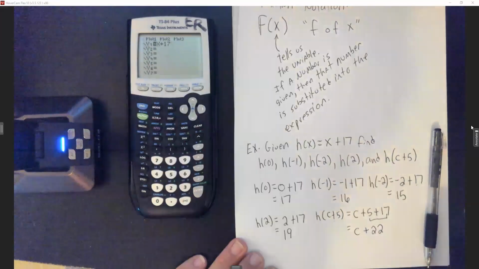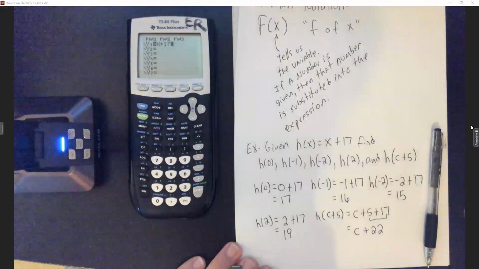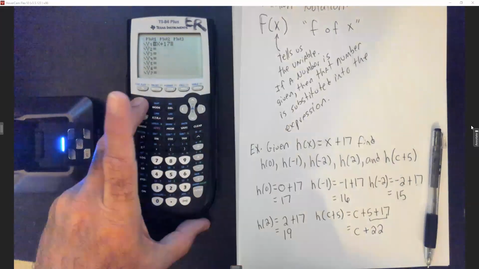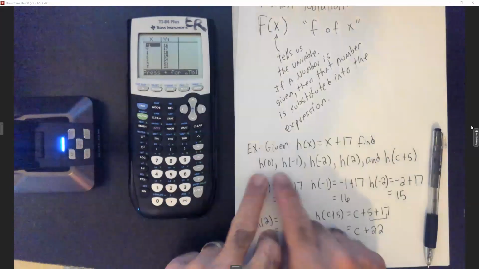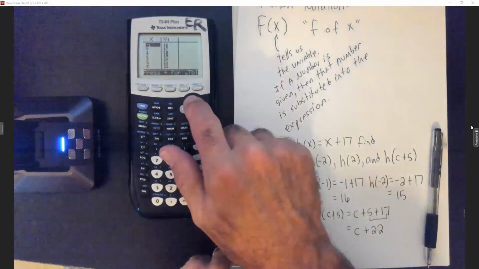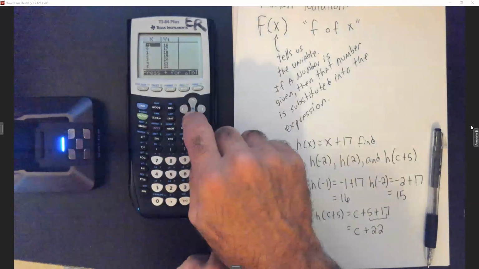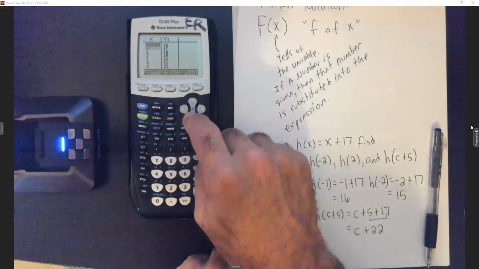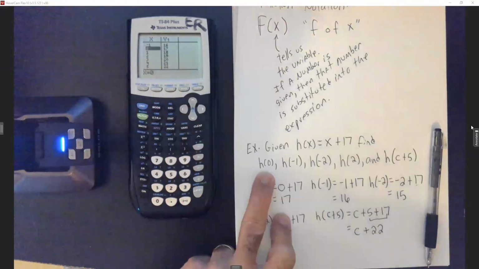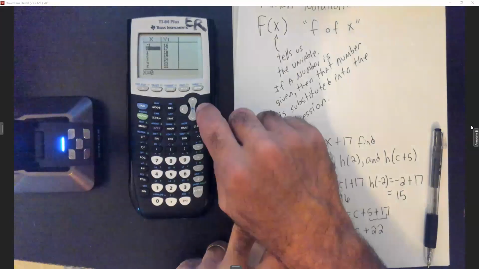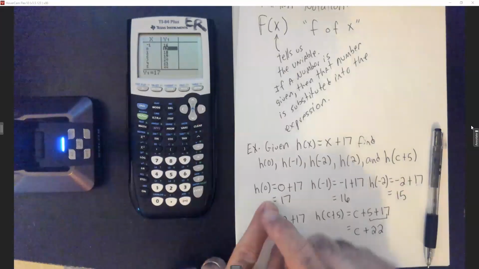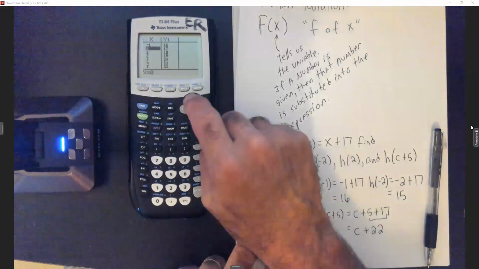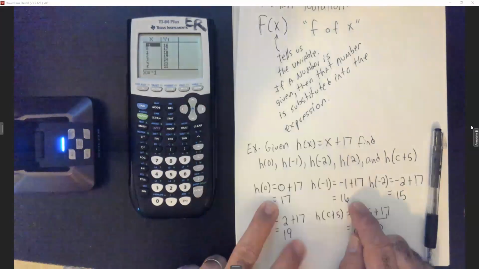I want to look at the table. So watch this. When I hit second graph and look at my table, what was my first value? 0. So where's my 0? That looks like the 0 right there. And if you look over here, I get a y value of 17. If I look up here at -1, I got my 16.